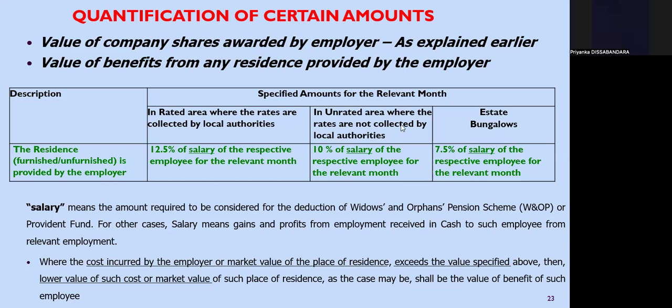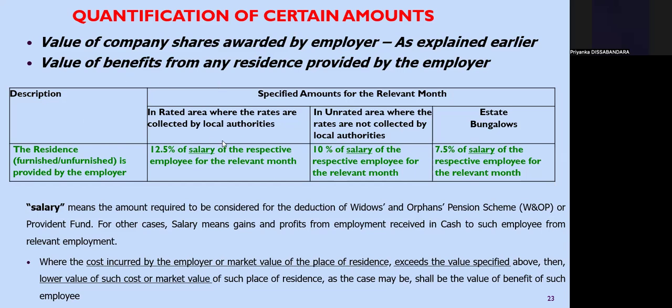If that house is situated in an unrated area, then we have to multiply our salary by 10% to calculate the value of the housing benefit. If it is an estate bungalow, then 7.5% of the salary of the respective employee for the month. This is the value we have to consider as our housing benefit.